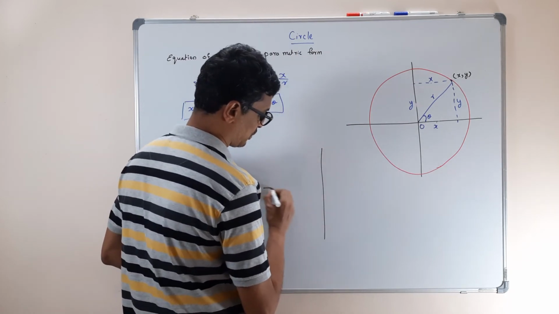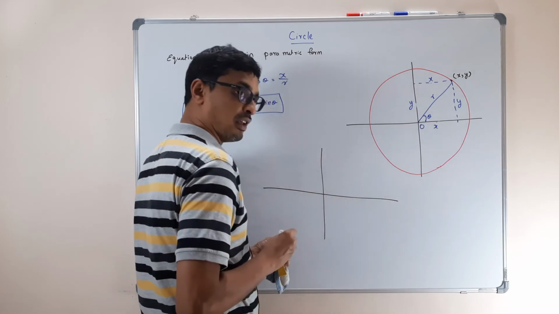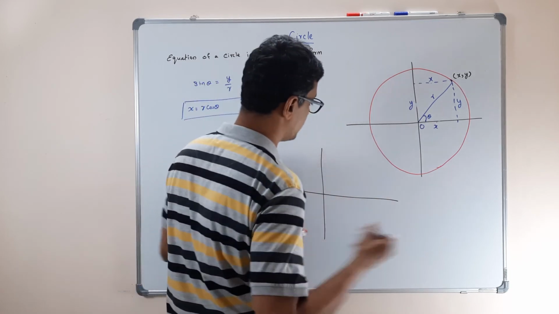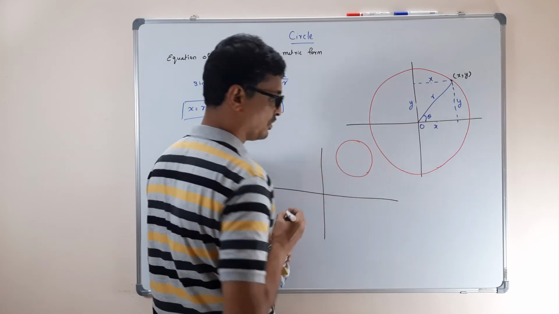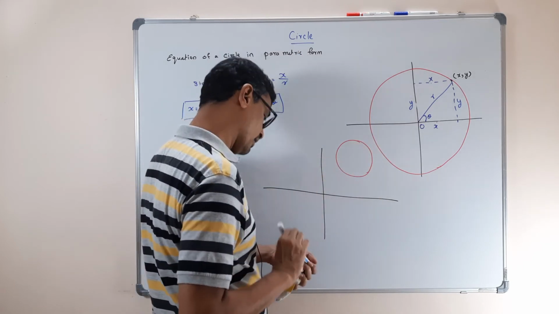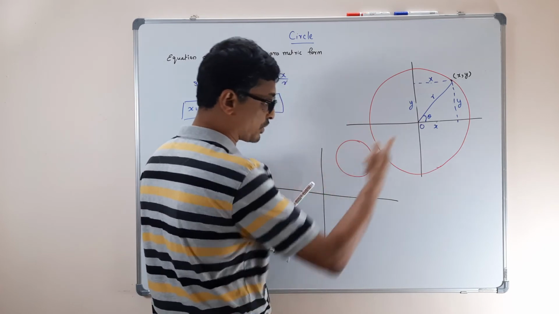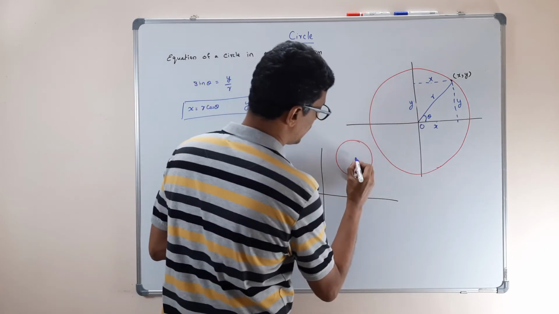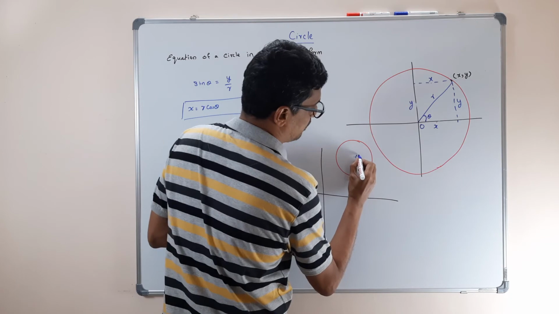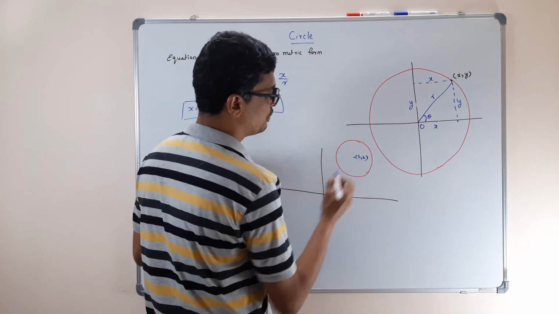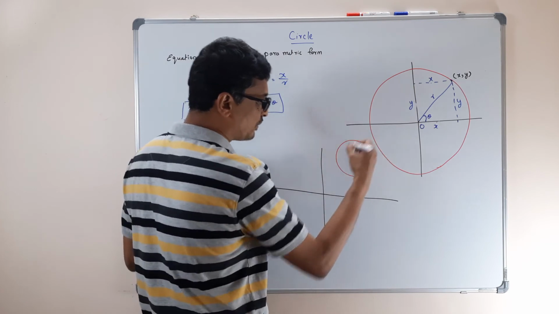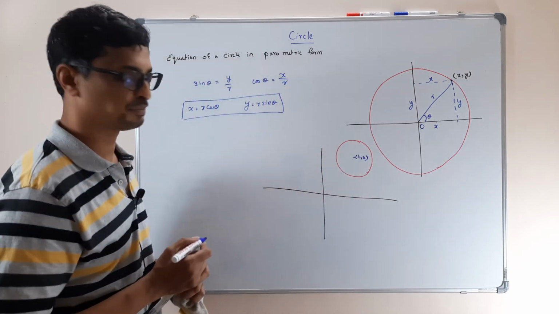We have a coordinate system and a circle here of radius r. Earlier the center was 0, 0. Now the center is some h comma k. That's why we write it like that. So what is the equation of this circle in a parametric form?